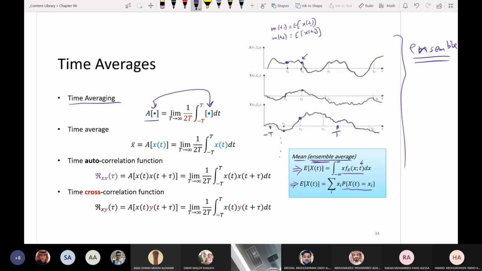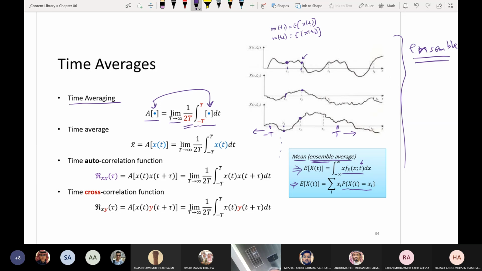So basically we integrate this function from minus T to T and multiply by 1 over 2T. This is called the time average of the signal, everybody knows it, right? And then we take T to infinity. What does that mean? We observe the signal more and more, for a very long period of time. Okay? This is called the time averaging.